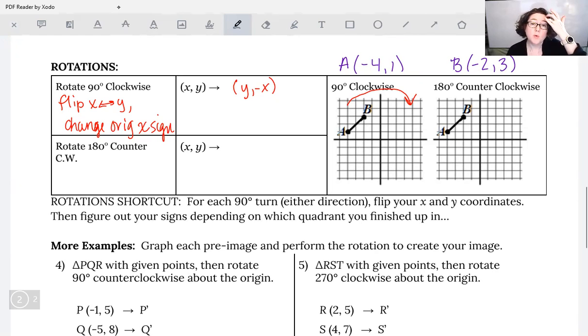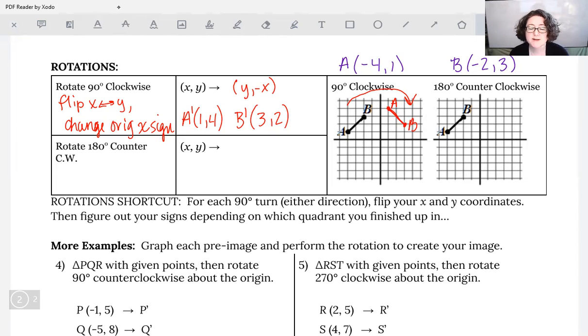So that means our point A at (-4, 1), our new A point is going to be (1, 4), because that 4 started out negative. Our new B prime is going to be (3, 2), because again, the -2 started out negative, we have to flip it around. So our new points at (1, 4), there's our A. (3, 2), there's our B. And again, if you drew this out on paper, and you're annotating your notes as you go, think about if you took your paper and you twisted it 90 degrees, that's where your new segment looks like it's ending up.